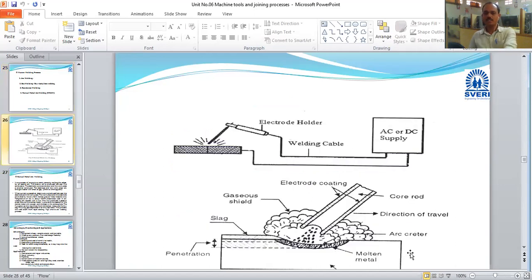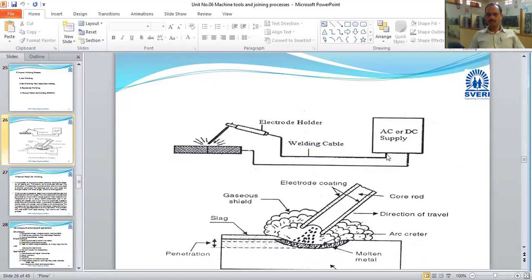What is the name of this? Arc welding. So this is the diagram for arc welding, and I think we have seen a video of this. Arc welding is generally used, and this is the transformer from which current is supplied.